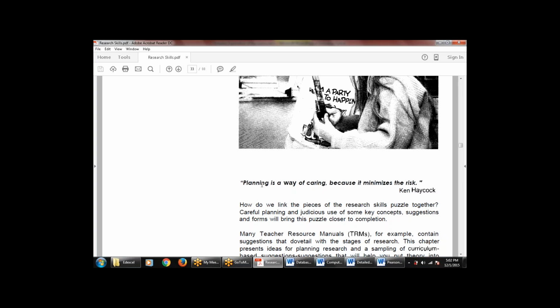So there is proper planning, and proper research activity is carried out for the various research activities.